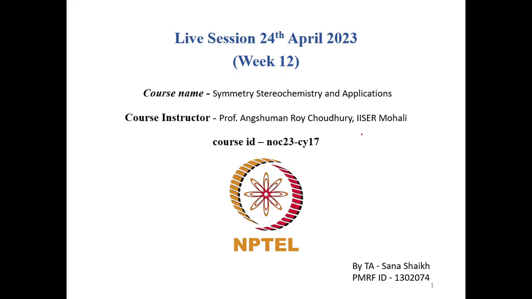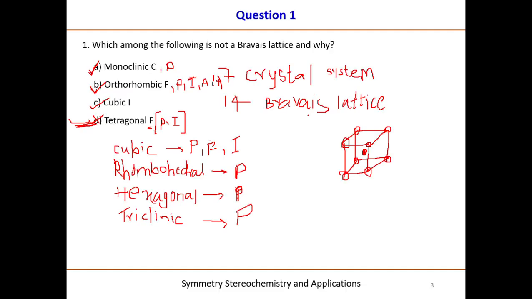Here in this session we have discussed the previous year assignment question, which contains four different types of questions. In question number 1, we have discussed which is not a Bravais lattice and which one is a Bravais lattice.